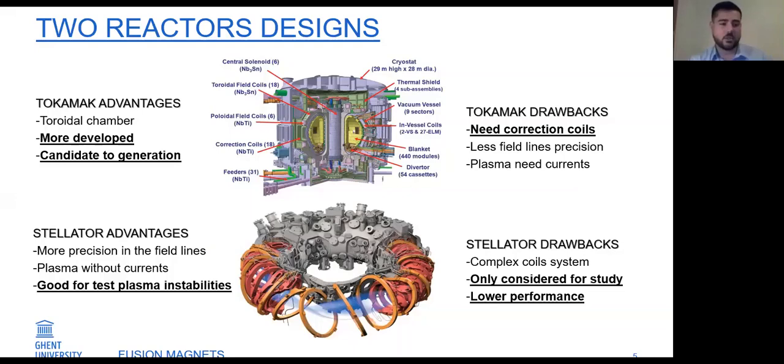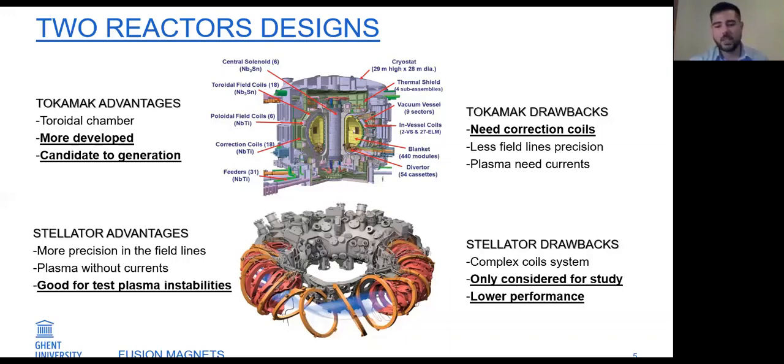The tokamak is more developed and is the first candidate for the next generation power generation station. However, it needs correction coils and has some drawbacks. The stellarator also promises very much because it's a device without plasma currents, which produce a lot of instabilities in the plasma.